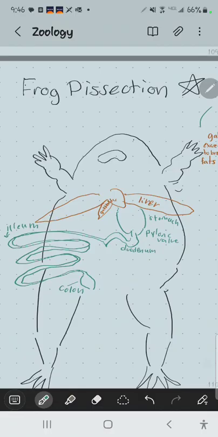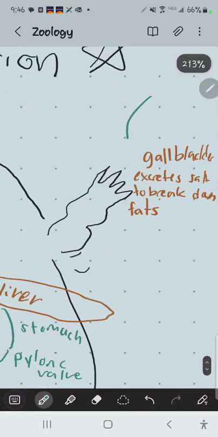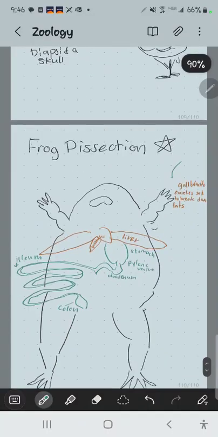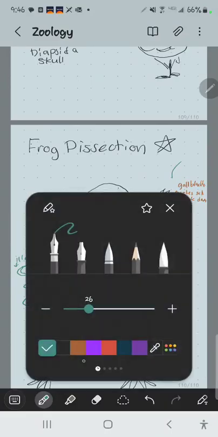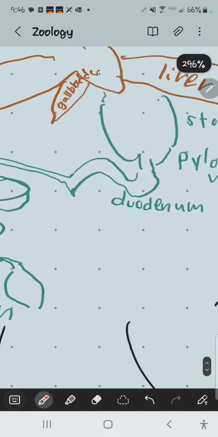Okay, so internal organs that you need to know would be associated with the duodenum is the pancreas. The pancreas is a gland that is kind of surrounding the duodenum here. So this is the pancreas.